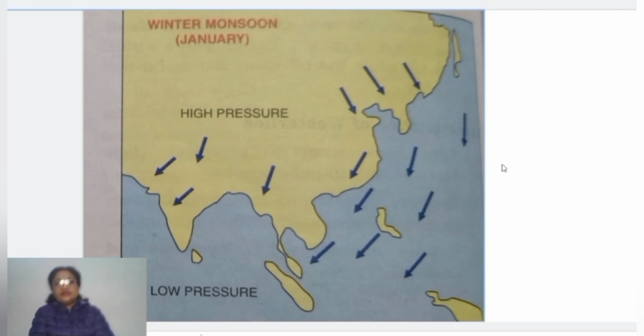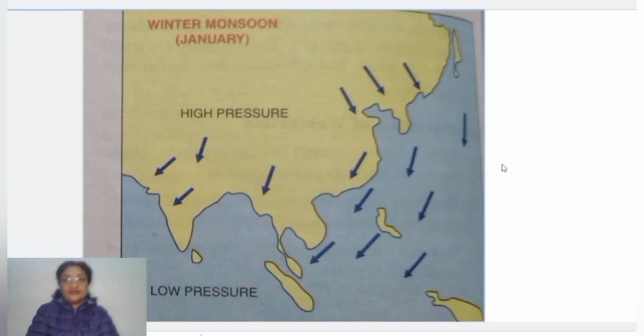Then one more example I must tell you about, the harmattan. Harmattan is another wind which blows over the Mediterranean Sea, and as it blows over the Mediterranean Sea, it goes towards the south. If you think of the Mediterranean Sea, it actually lies in between Europe in the north and Africa in the south. So when these winds blow over the Mediterranean Sea and reach the northern parts of Africa, what is the effect?